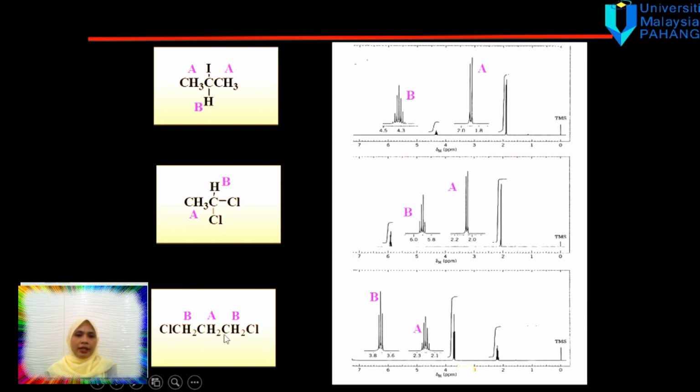And this signal here, this CH2 becomes a triplet, because the neighboring protons are only 2, plus 1 is a triplet. Both sides are the same, with integration 6 for B, a triplet. And for A, we have to see the right and the left side, total 4 plus 1 is 5, so the total signal is a pentet.